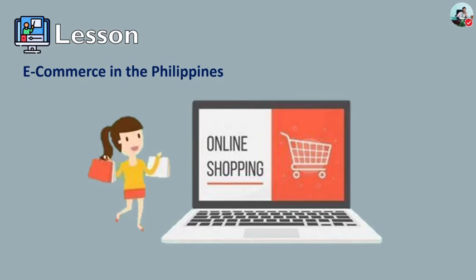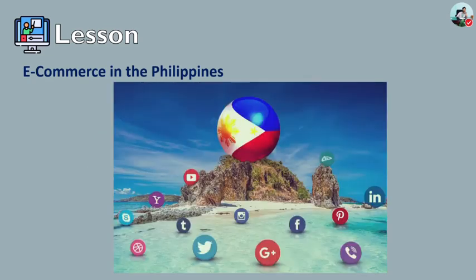It triggers the mindset of many people, especially the younger generations, to adopt online shopping, not just focusing on the physical store, but uploading their products and services or finding consumers online, through social media. So Filipinos are prolific users of social media.